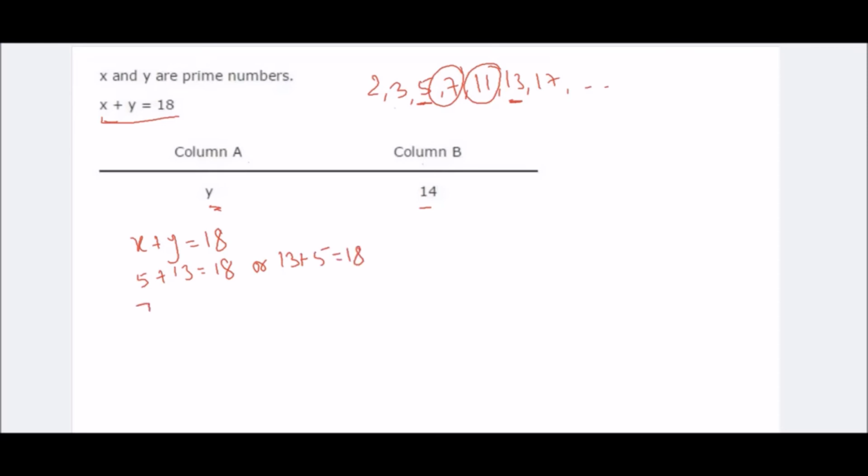Next value is 7 plus 11 is equal to 18, or 11 plus 7 is equal to 18. So the y possible values are 13, 11, 5 and 7, but all these values are less than 14. So column B is always greater. So our answer choice is B.